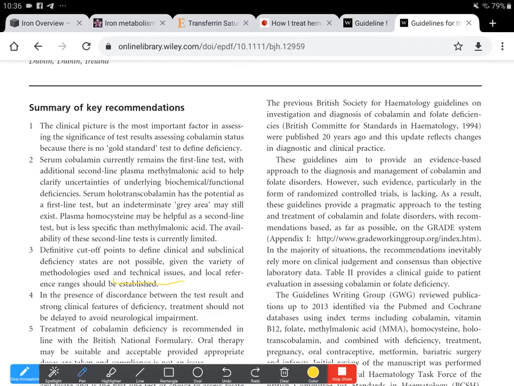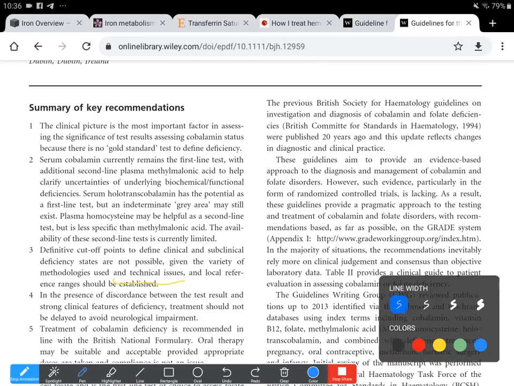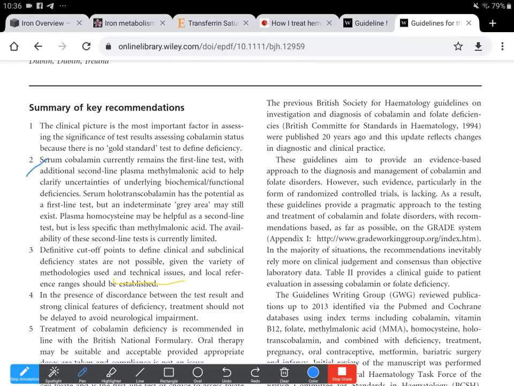So we have all these tests that they have mentioned over here. That is first of all, the serum cobalamin level, which we know to be the main test that we prescribe all patients. And also, apart from the cobalamin, we can also go for holotranscobalamin. This has the potential to be listed as a first line test, but there is an indeterminate gray area in which these levels cannot determine positivity or negativity.